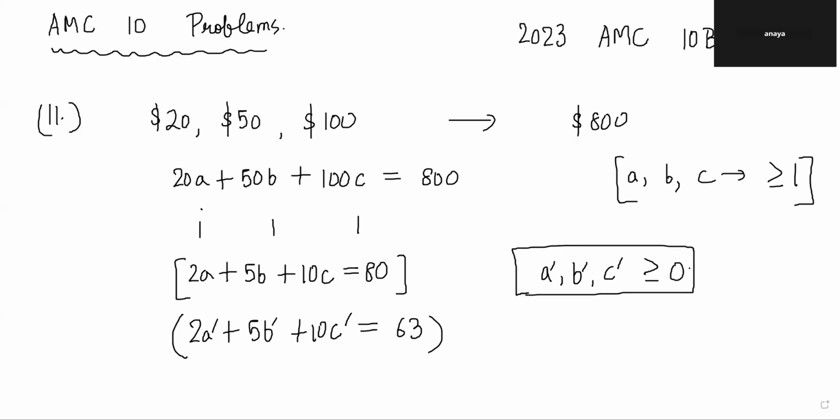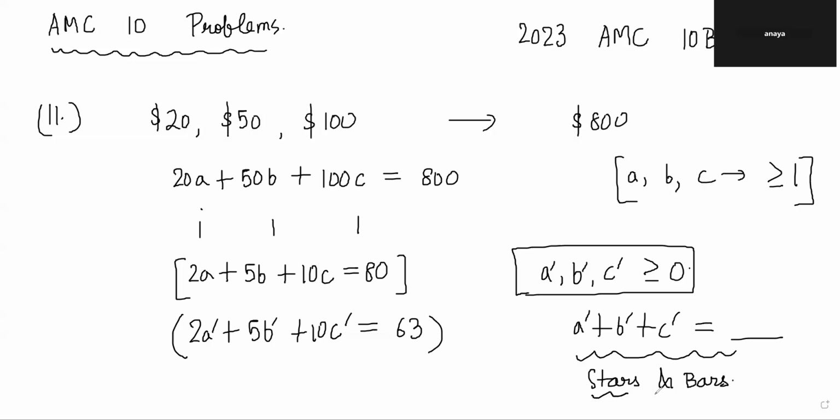The coefficients are there, which are 2a, 5b, and 10c. Let's think of what we can do to simplify that a little bit. If it was a simple equation like a dash plus b dash plus c dash is equal to something, then I would apply the stars and bars method directly, and I will tell you how to do that. But before that, we need to simplify this equation a little bit because right now there are coefficients here, right?